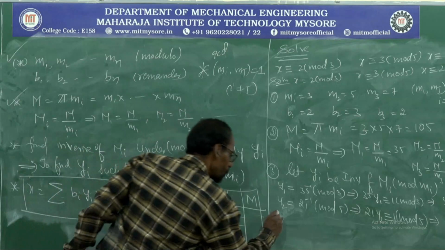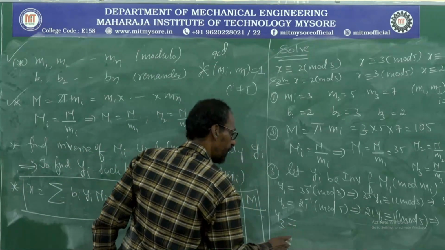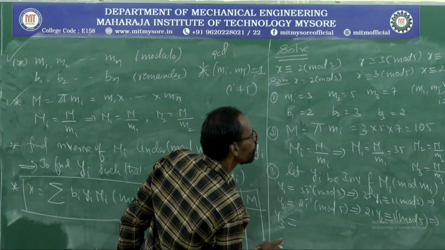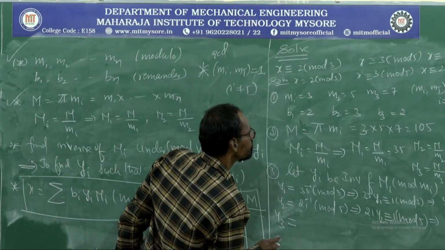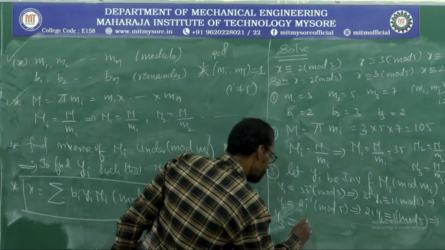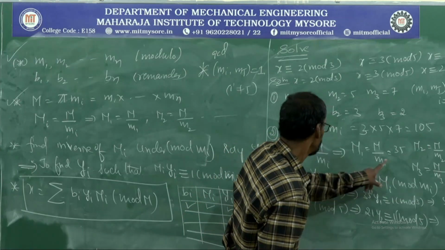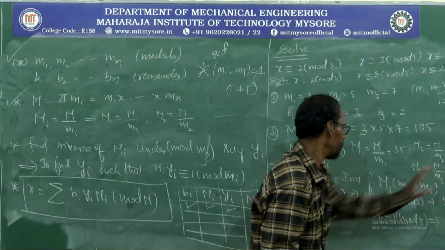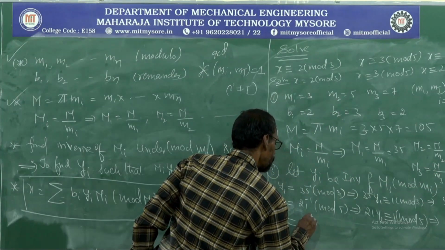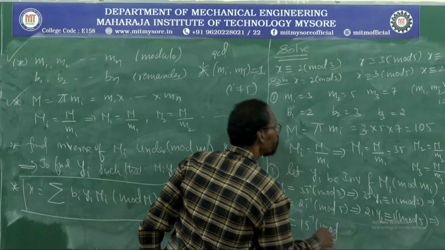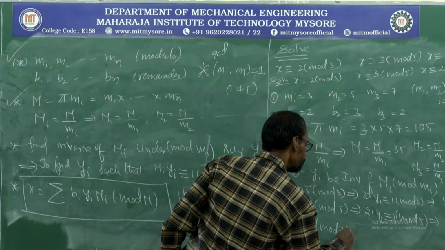Similarly, what is y3? Your y3 is the inverse of capital M3, that is 15, under modulo 7.